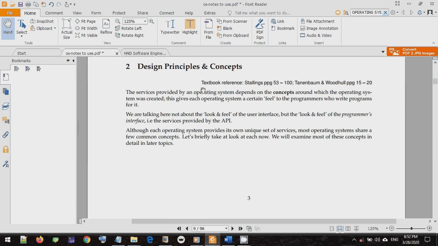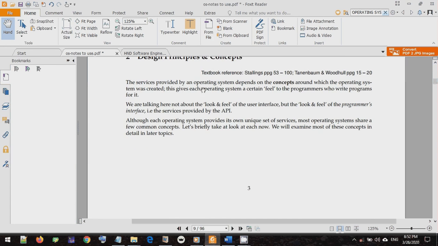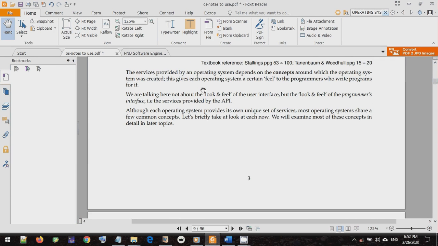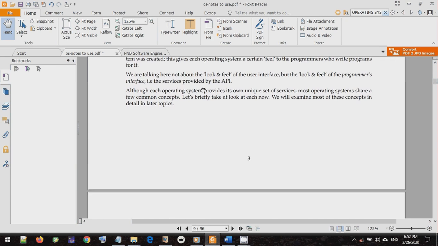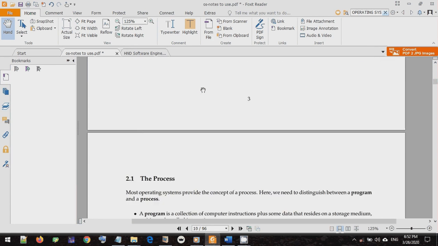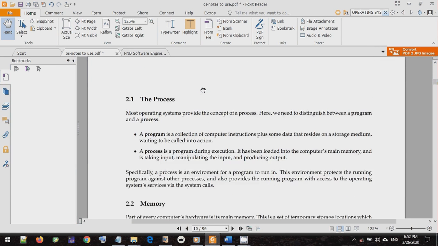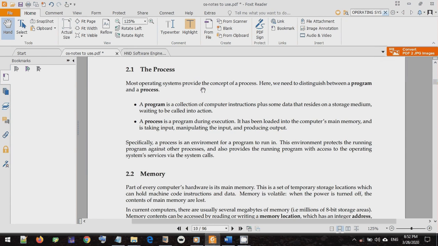Design principles and concepts. Here we are looking at the look and feel of the operating system from 2 points of view: from the user point of view and from the programmer's point of view. From the user point of view, we are seeing how application programs work, and from the programmer point of view, we are looking at how we use system resources.